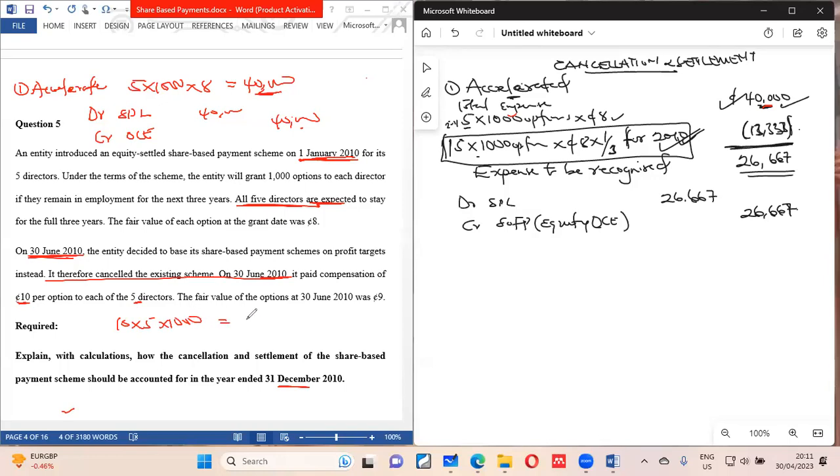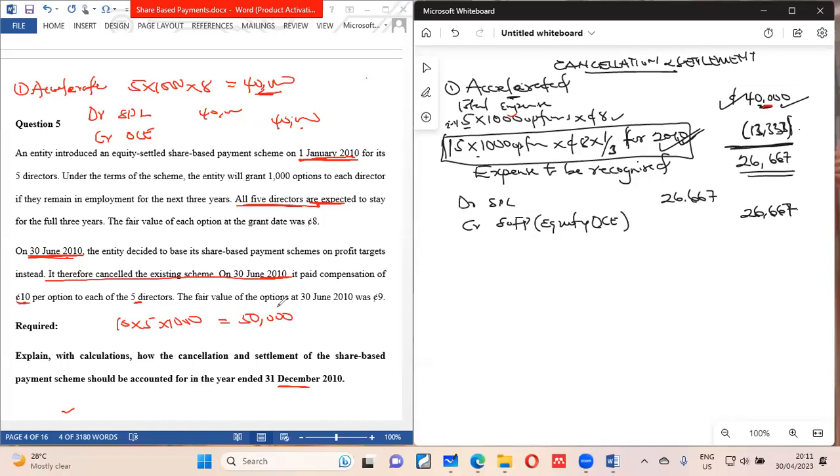And that will give us how much? 50,000. So this is the payment. So any payment up to the fair value, what did I say? It will be deducted from what? The equity option. So that is that.